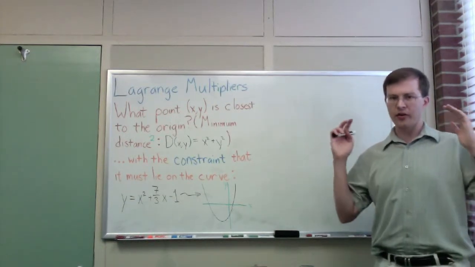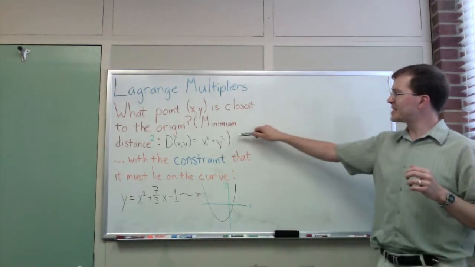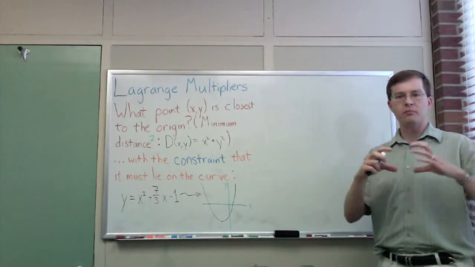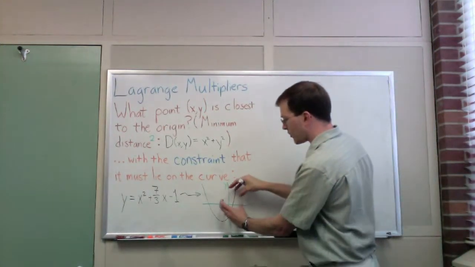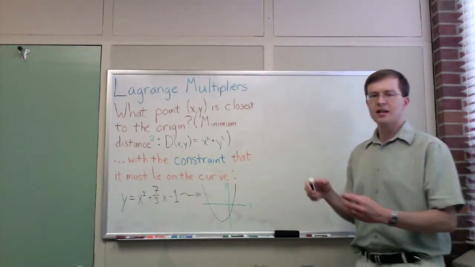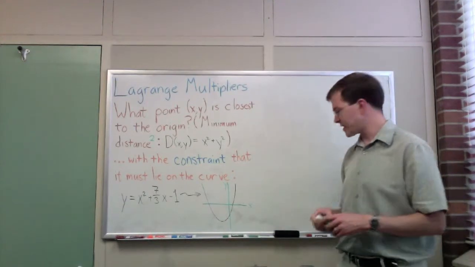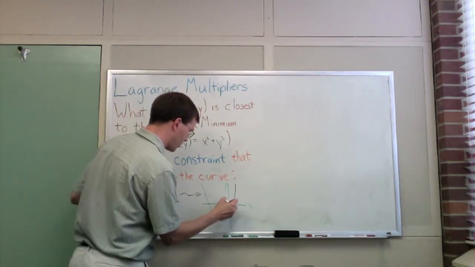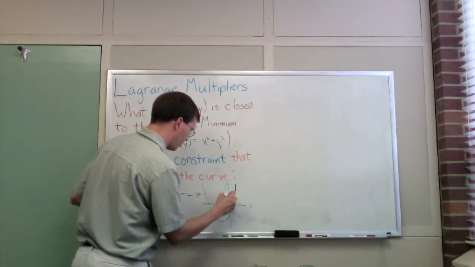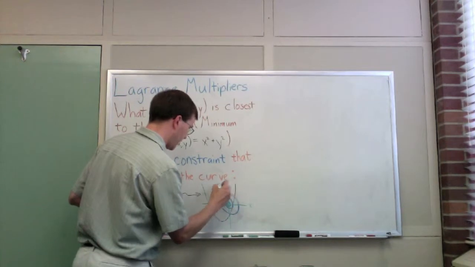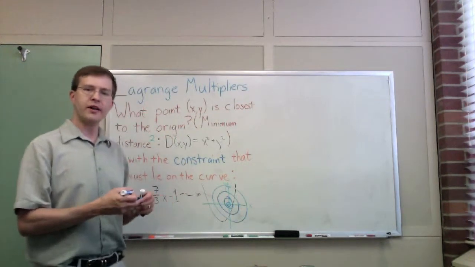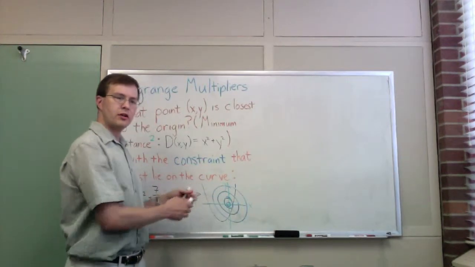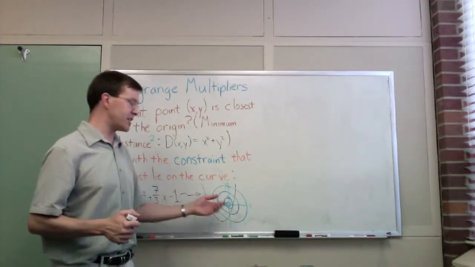The idea is that, visually, and again, I'm a very visual person, I can think of distance as something that gets bigger and bigger the farther you get from the origin. In particular, if I just draw a bunch of concentric circles around the origin, here's a little circle and a bigger circle and a bigger circle and a bigger circle, going farther and farther out, centered on the origin, that corresponds to increasing distance from the origin.